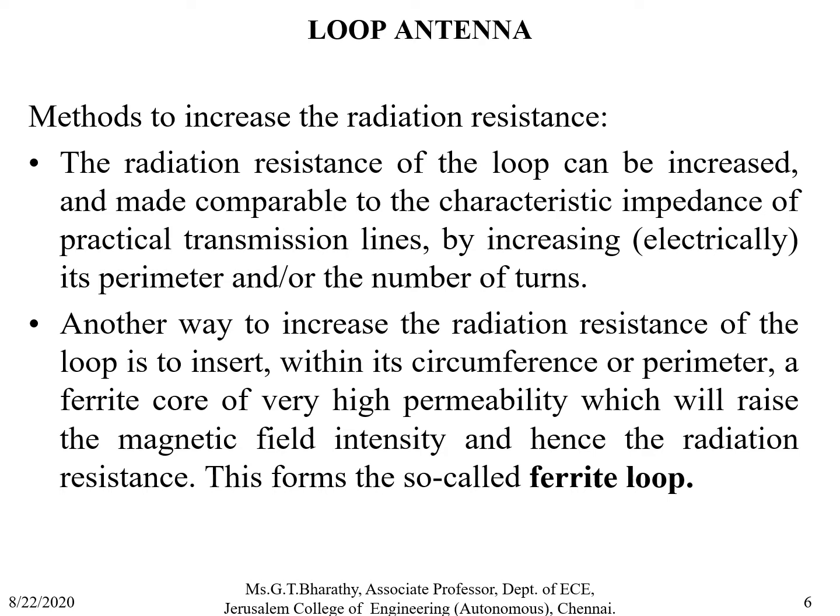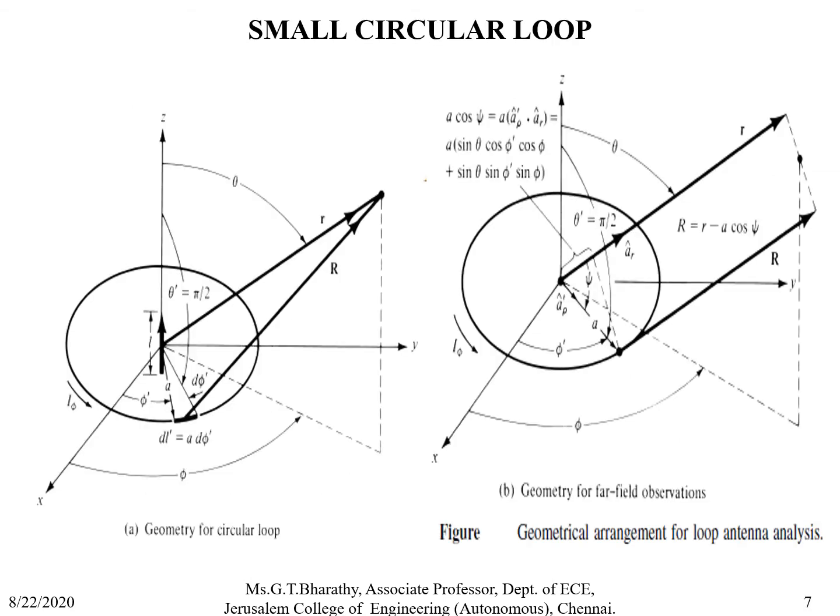Another method is to insert a core made of ferrite with a very high permeability, so that the magnetic field intensity is increased, which in turn increases the radiation resistance. Such a loop we call a ferrite loop.